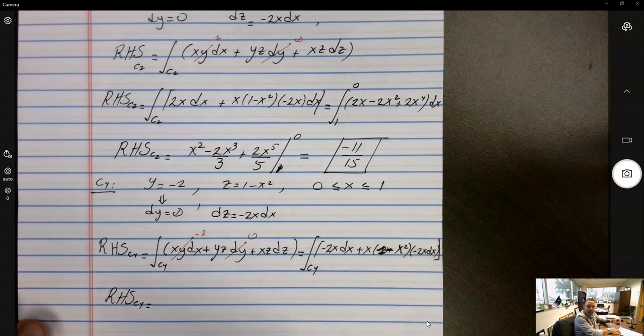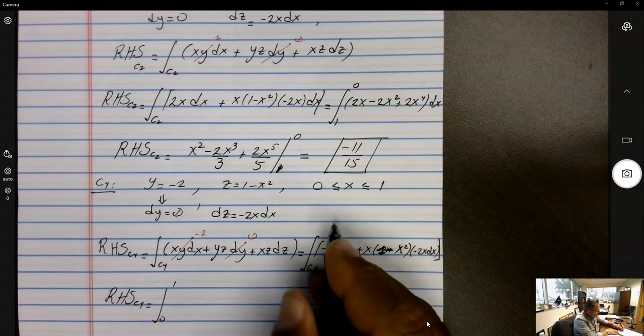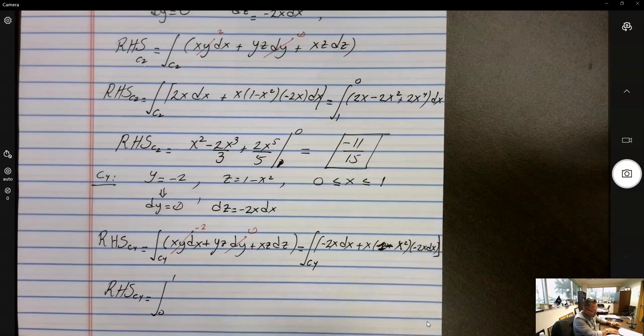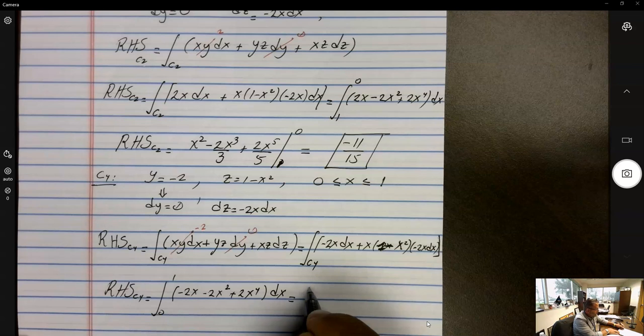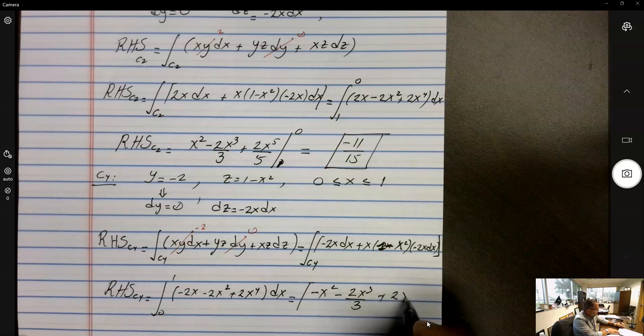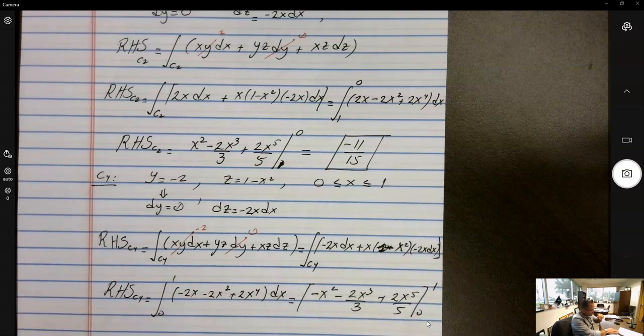Now all we end up with is an integral from 0 to 1 of minus 2x, we expand this whole thing, minus 2x squared plus 2x to the 4th dx, and that is basically minus x squared minus 2x cubed divided by 3 plus 2x to the 5 divided by 5, evaluated from 0 to 1.